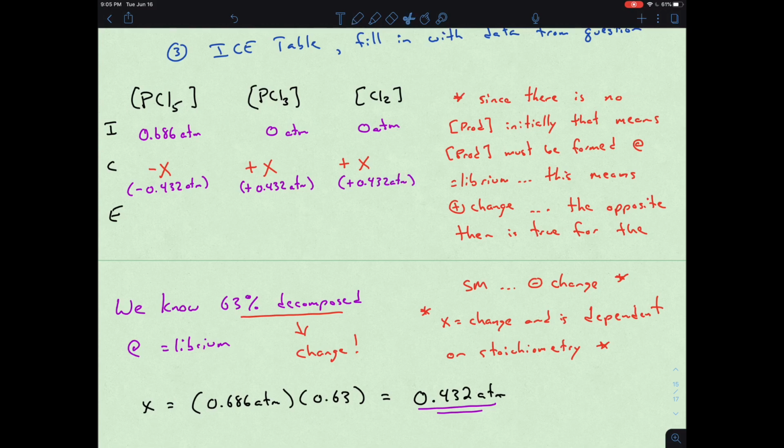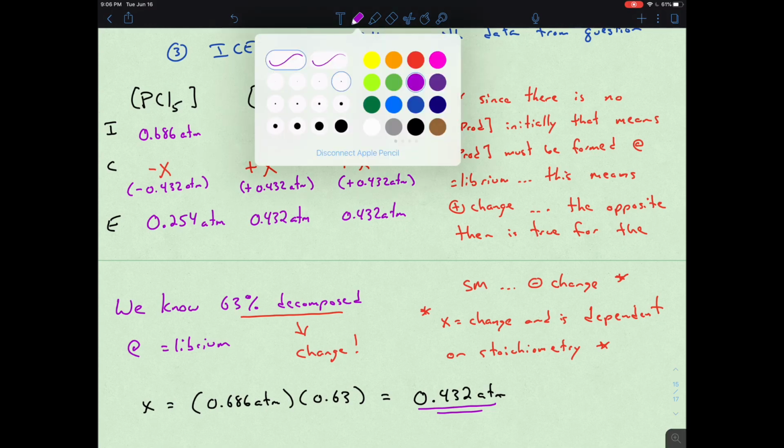And then that produces my equilibrium values. If I take now the initial, I apply the change that needs to occur, I end up with 0.254 atmospheres for my phosphorus pentachloride, and then I end up with 0.32 atmospheres for both of the products. So now you see everything is filled in.